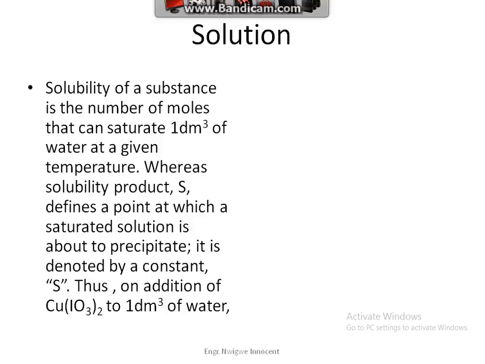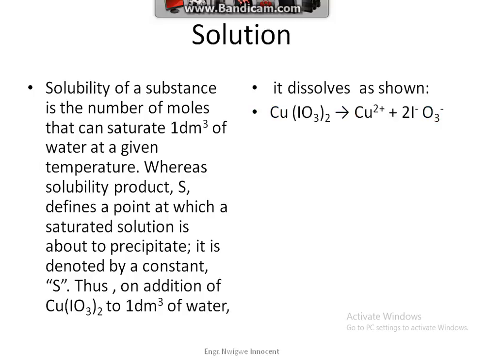Thus, on addition of copper iodate to 1 dm cube of water, it dissolves as shown. Copper iodate to form copper 2 ion plus 2 moles of iodate negative ion.